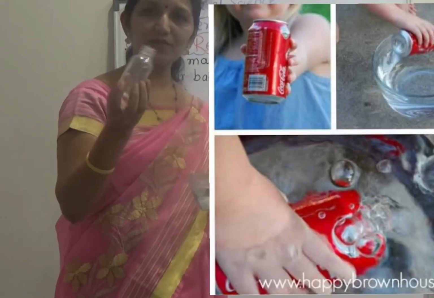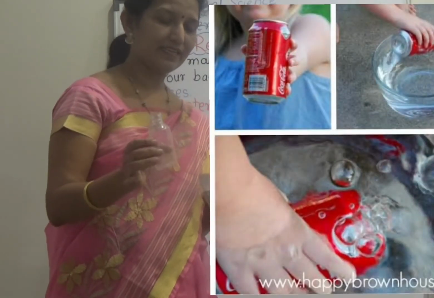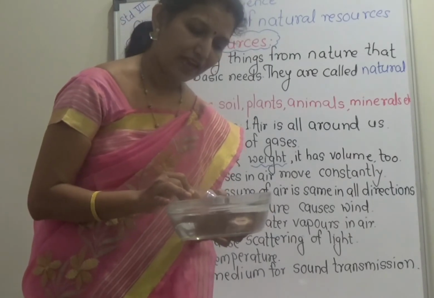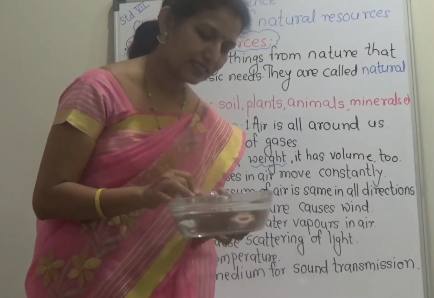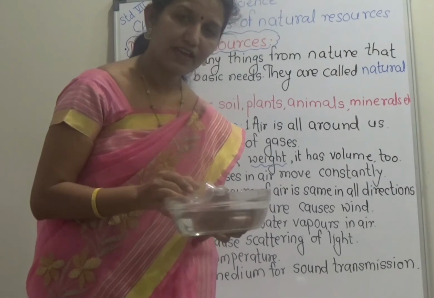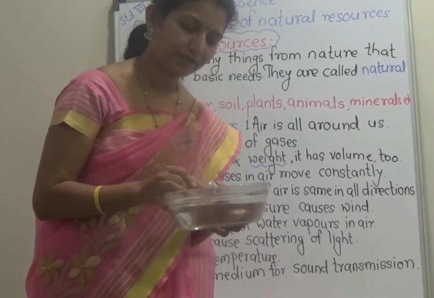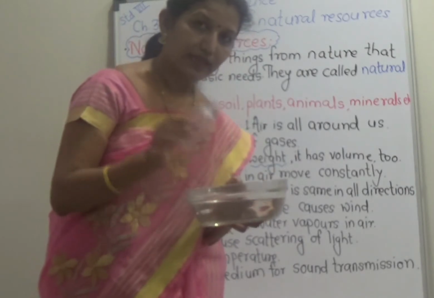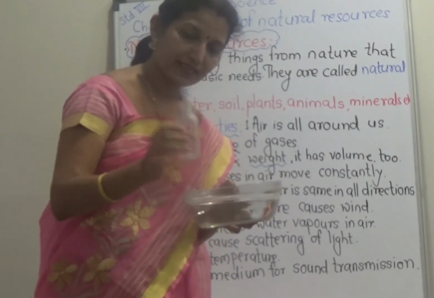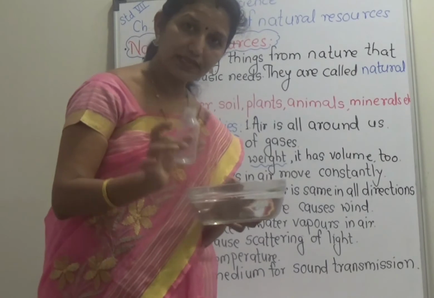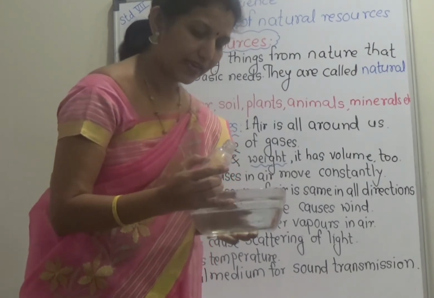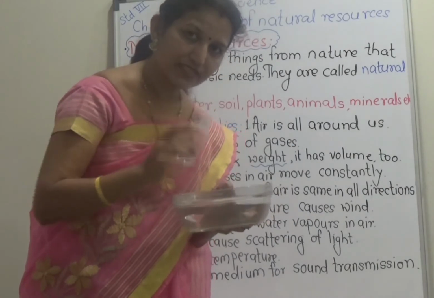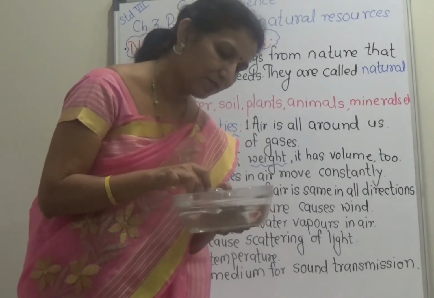This empty bottle has air in it, and I am going to fill water in this bottle. While doing this, the air in the bottle has occupied its space, but we have to fill it with water, so that air will come outside the bottle in the form of bubbles.